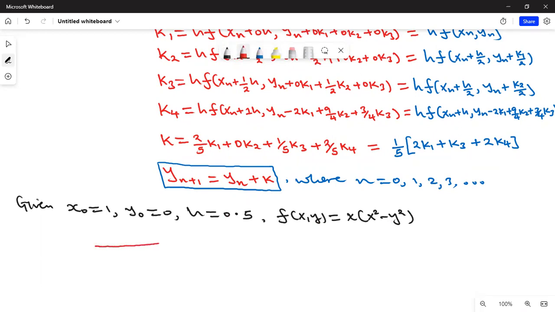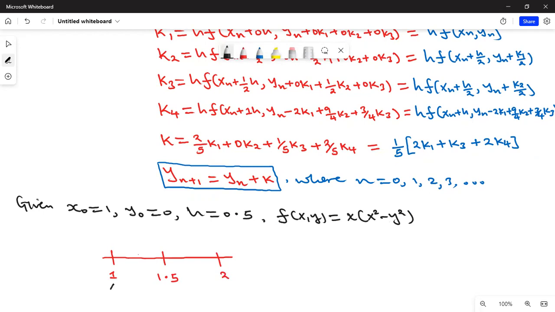You can draw this kind of a line, so that our x naught is 1. So we're starting from 1. Step size of 0.5, so the next is 1.5 because h is 0.5. Then lastly we go to 2.